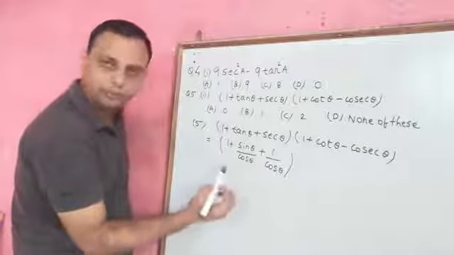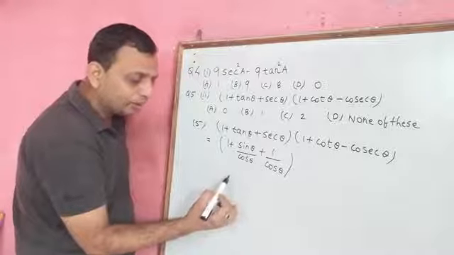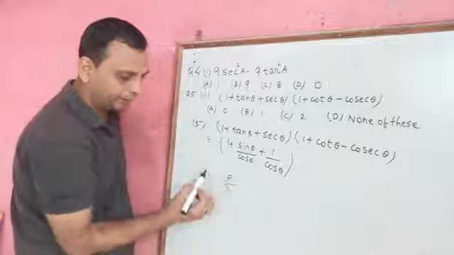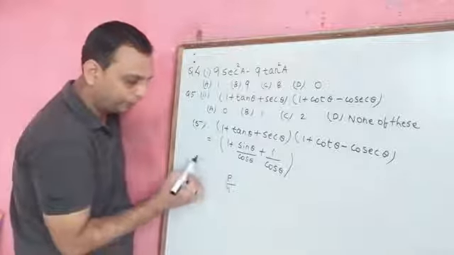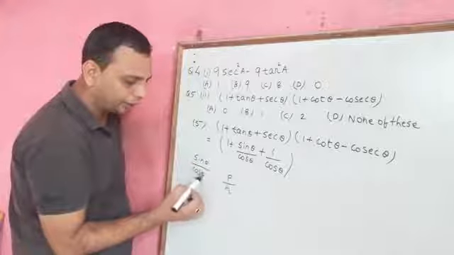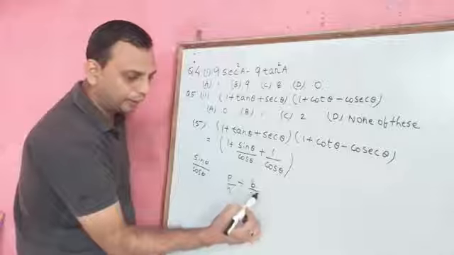How tan theta came to be sin upon cos, I will show you with one example. Sin theta is perpendicular upon hypotenuse. Cos theta is base upon hypotenuse.